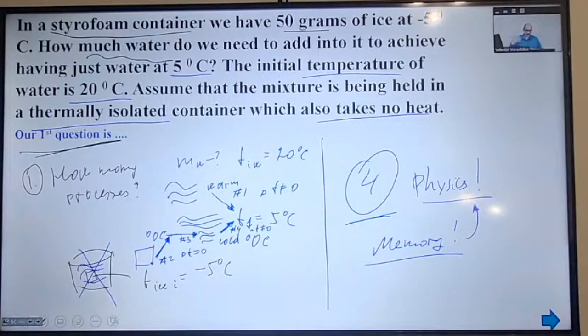And the last part is, of course, mathematics we have to apply to these equations to answer how much water we need to pour.